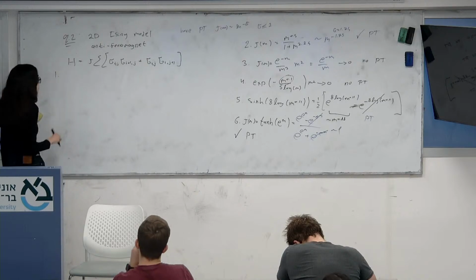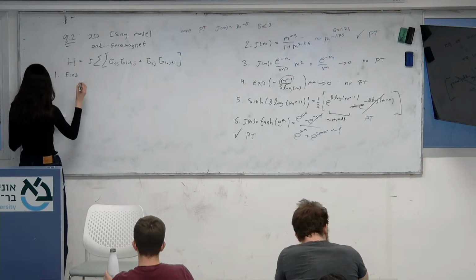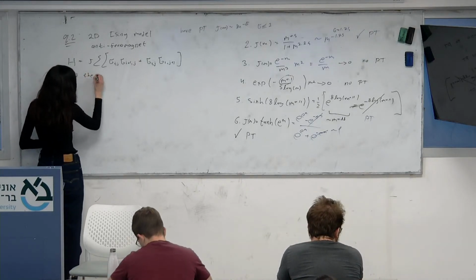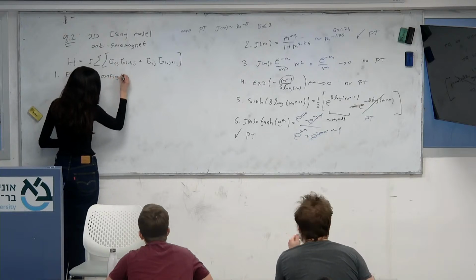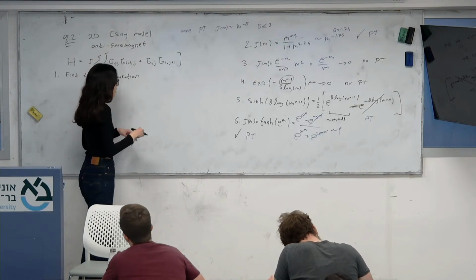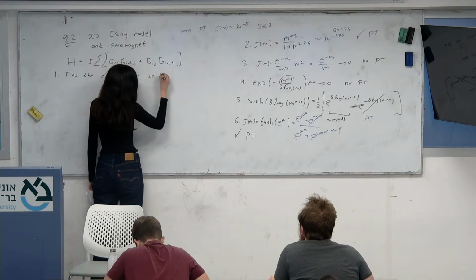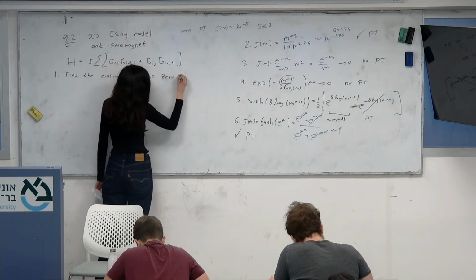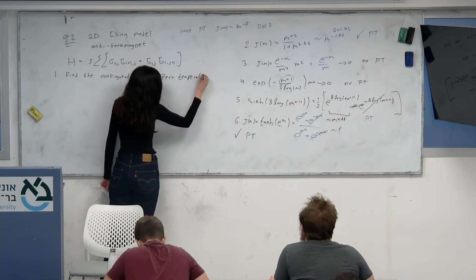So first of all, find the configuration of the spins at 0 temperature.